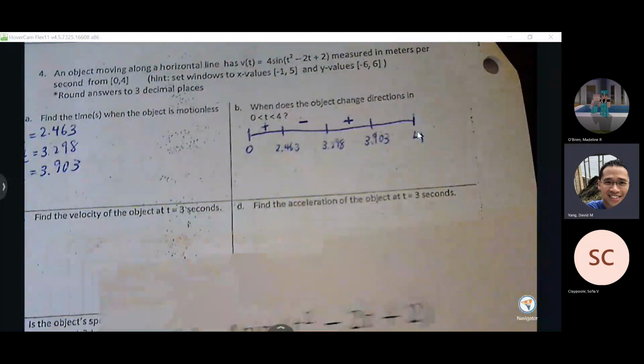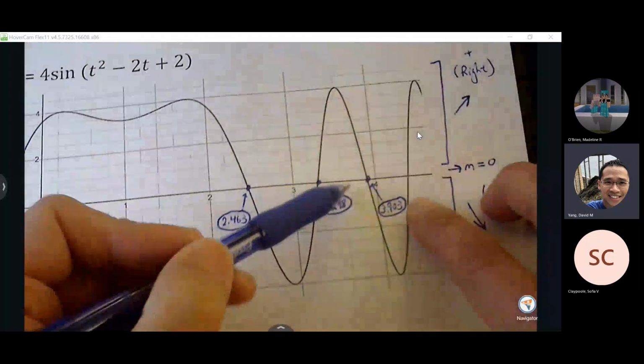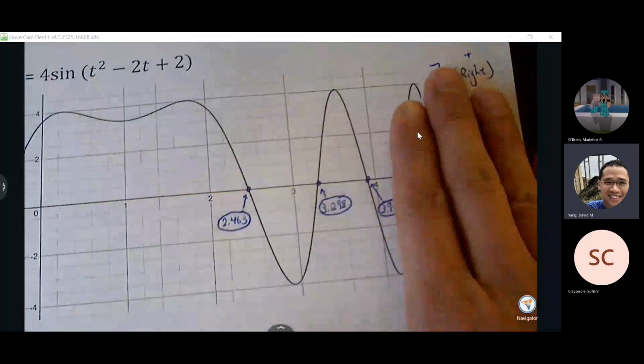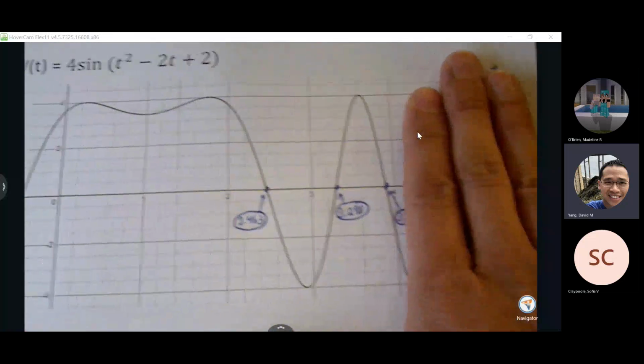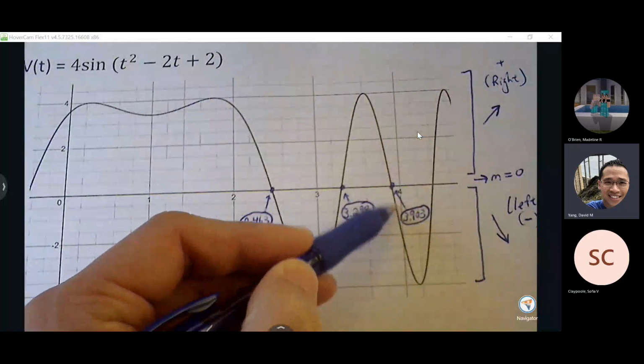And 3.903 to 4, yep, that's right. We don't care about this part of the graph because we're only going to 4. So we're only going from 0 to 4. Yeah, it's going to be that little portion that sits below.